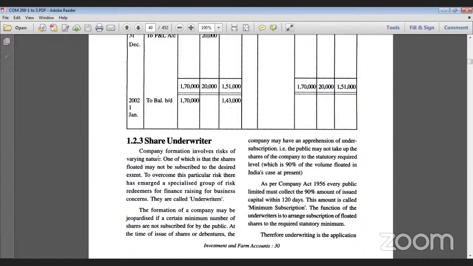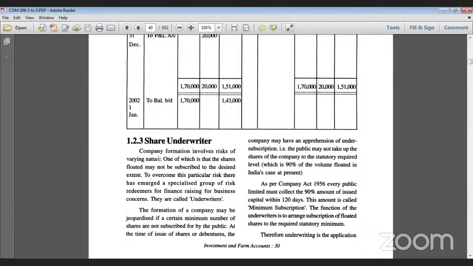It is called an underwriter. If a certain number of shares are not subscribed for by the public, the issue of shares or debentures may appear undersubscribed. So the underwriters help out of this.